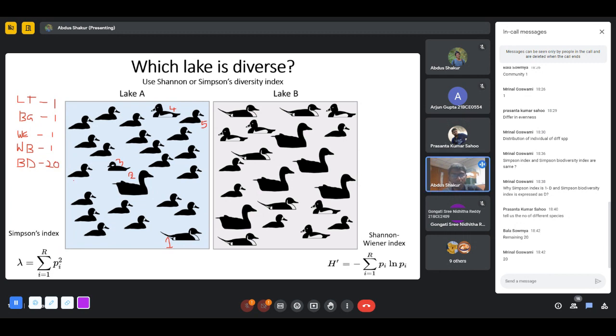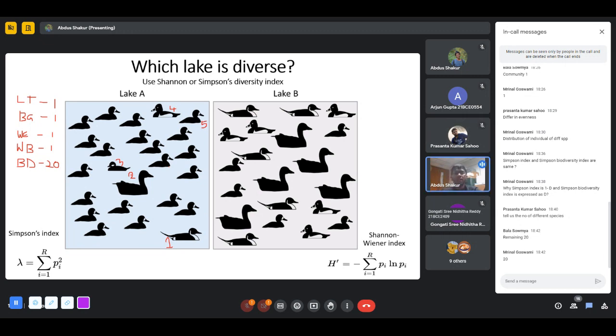The black duck, this one is 20 individuals, right? I have counted 17. Can you do it again? Because I think I counted 20. Yeah, it's 20.